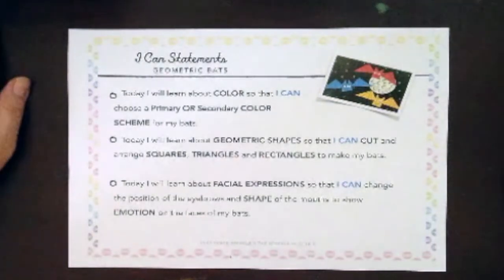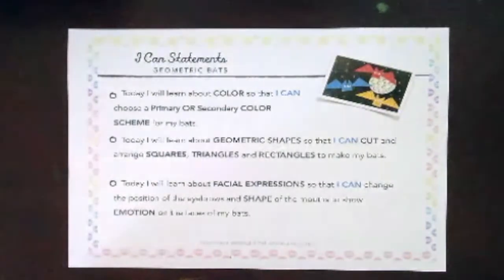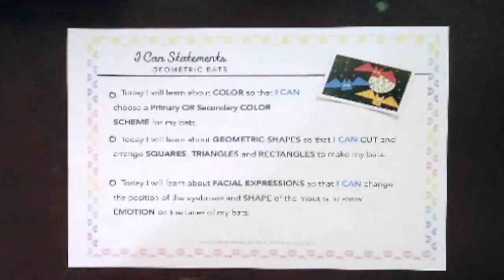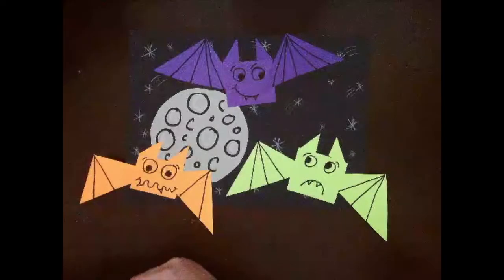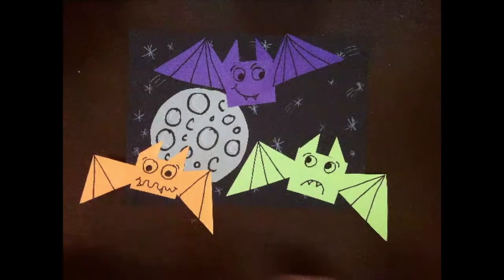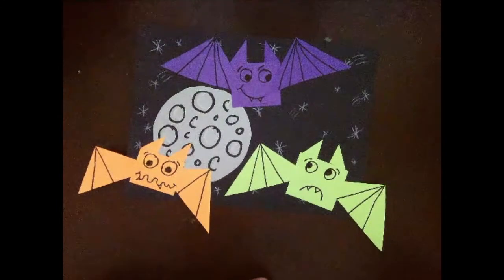Next, I'm going to talk about the geometric bat grading rubric. So these are all of the things that you want to make sure you complete within your project and check that you have done it before you turn something in. Okay, now let's talk about the grading rubric.